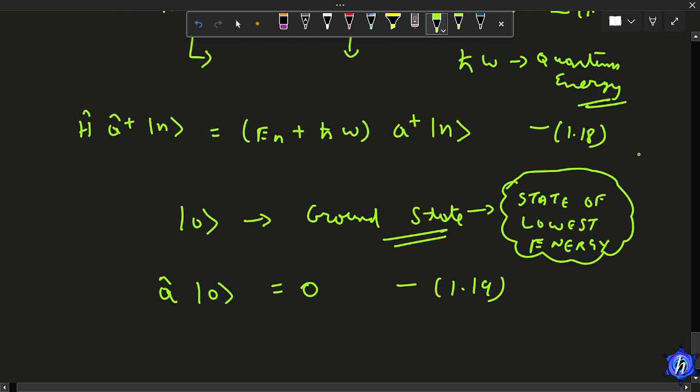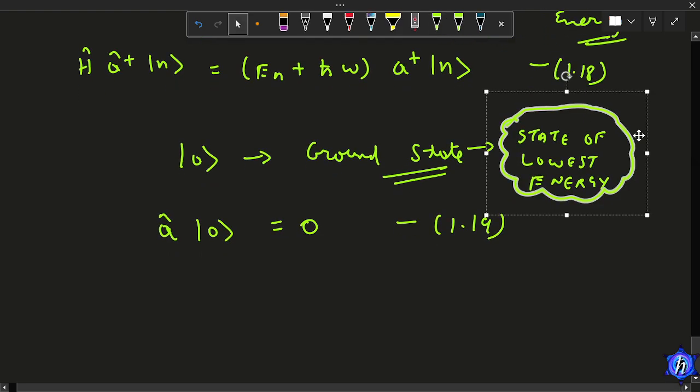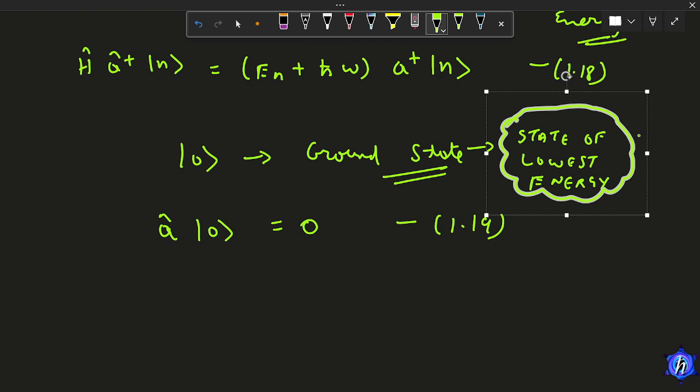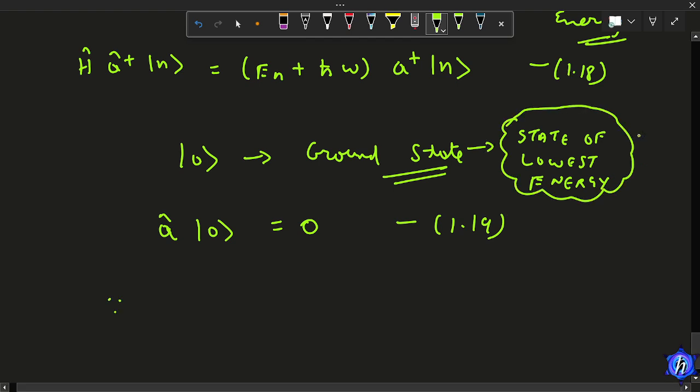So the energy eigenvalue, we can find this. It's very easy. The energy eigenvalue can be found by using this familiar equation that we have derived in this lecture.